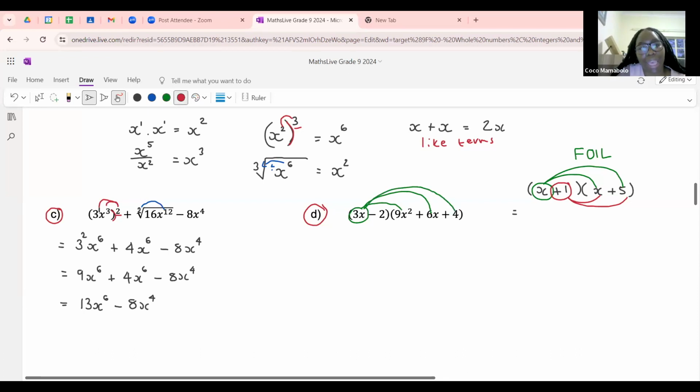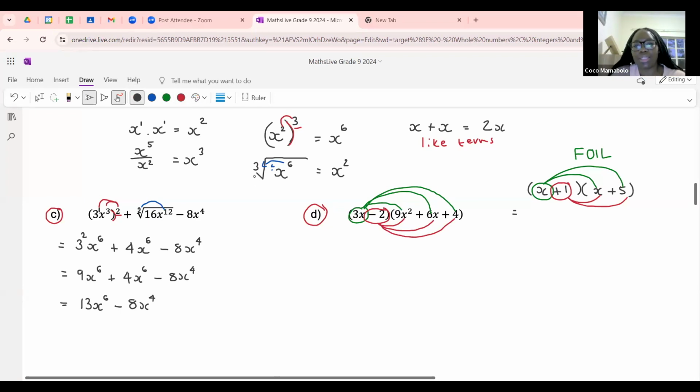And then when I'm done with that, I'm going to take -2, and I'm going to make sure that it multiplies 9x squared, and positive 6x, and positive 4. So each thing in the first bracket needs to multiply each thing in the second bracket.